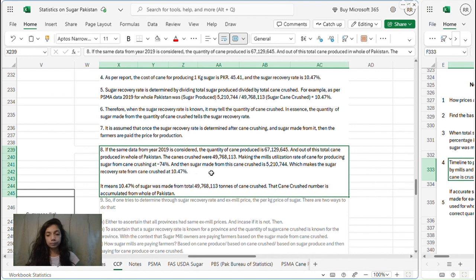Then the sugar made from this cane crushed is 5.2 million, which makes the sugar recovery rate 10.47%. It means 10.47% sugar was made from the total 49 million tons of cane crushed. The cane crush number is accumulated from the whole of Pakistan.